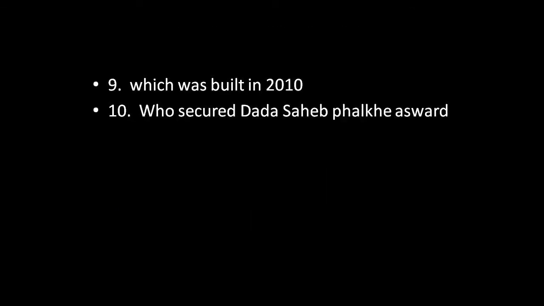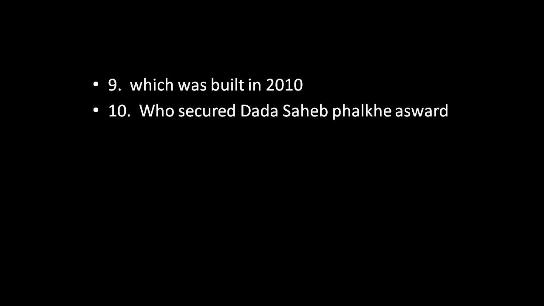Next sentence: The theatre dash was designed by Mr. Rao. It may have been built in 2015 or 16, or it was built in 2010. So how do I combine it? The theatre means a non-living thing, so I use which.